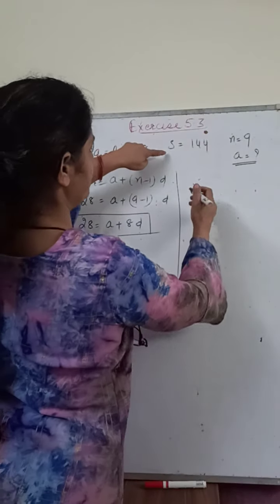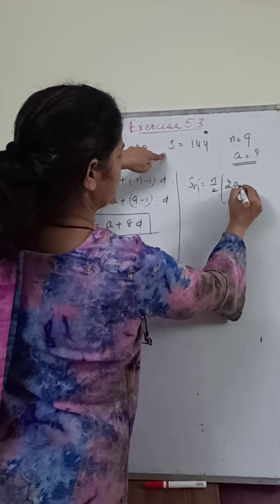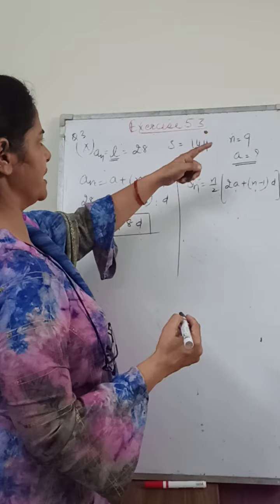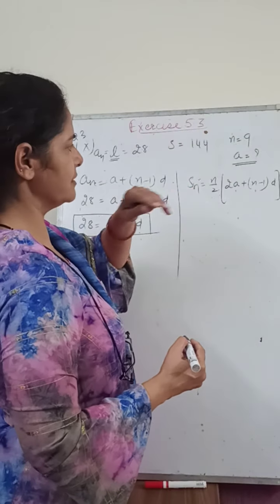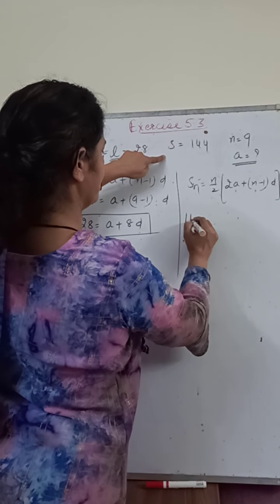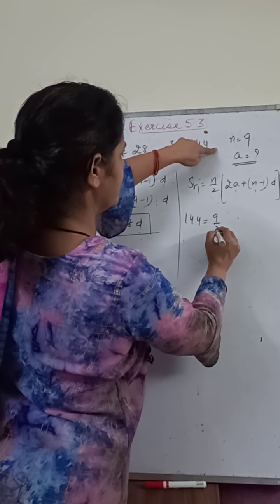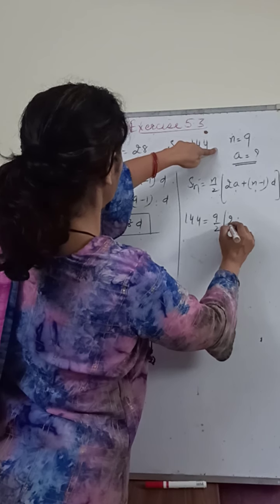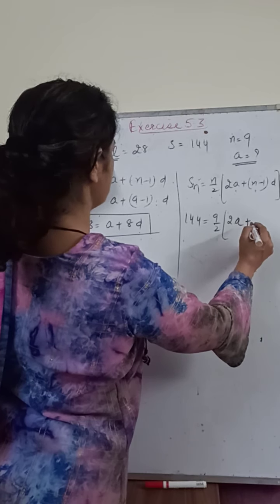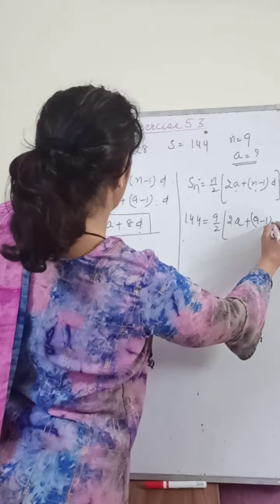Come to the other side. Sum Sn is what? N by 2, 2a plus n minus 1 into d. You can use a plus an also. That is also correct. Okay, let's see. Sn is 144 is equal to n by 2, that is 9 by 2, 2 into A I don't know, plus N minus 1, that is 9 minus 1, into D I don't know.